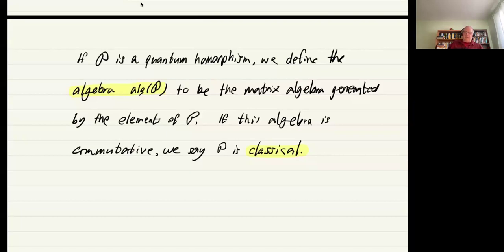Okay. The other comment I should make is there are actually two flavors when you're dealing with quantum homomorphisms and projections. I'm taking the easy flavor where my projections are all elements of some matrix algebra of finite dimension. Now, if you choose to, and physicists will do this, instead of taking it to come from a matrix algebra, you could take it to be coming from a so-called C-star algebra.